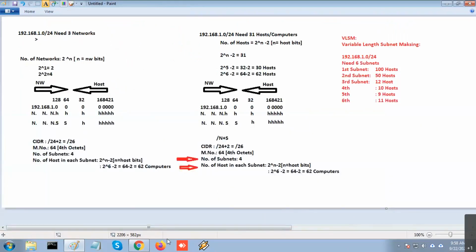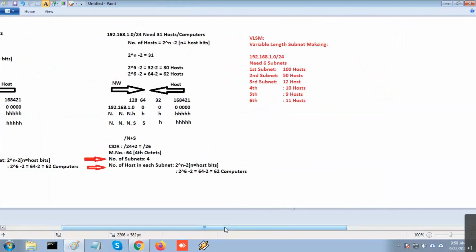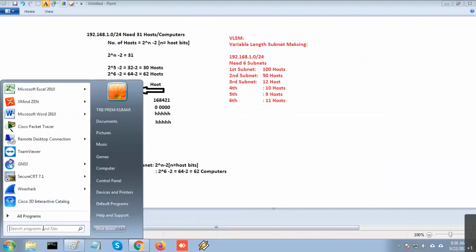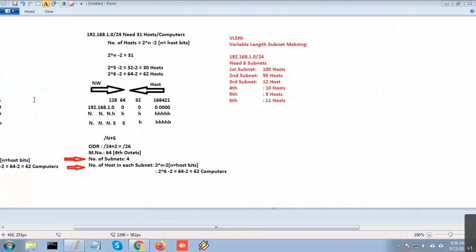Till now, what we studied is FLSM. FLSM means fixed length subnet masking. Once you fix the CIDR, it will be fixed for the whole network. Understand? Now I'll show you this.